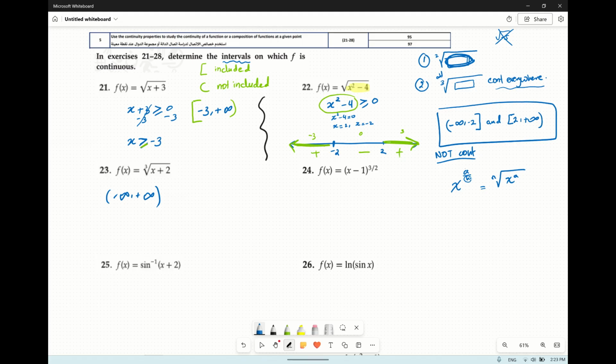So the denominator is always the index of the root. So here, what do I see the denominator? I see it's 2. So what does this mean? That this is a square root. This is how I can rewrite it.